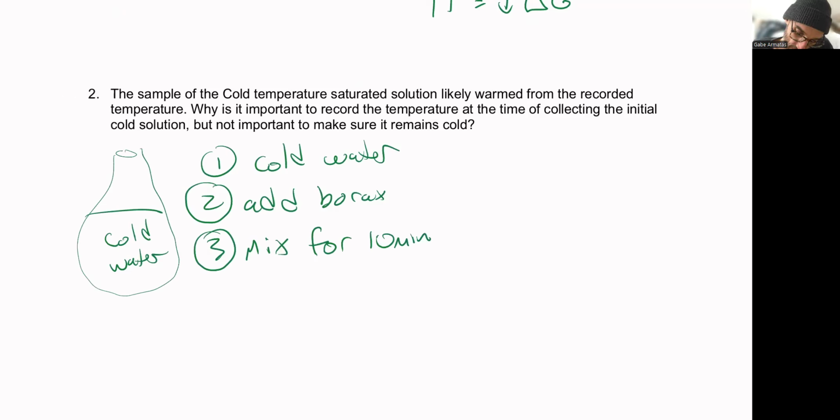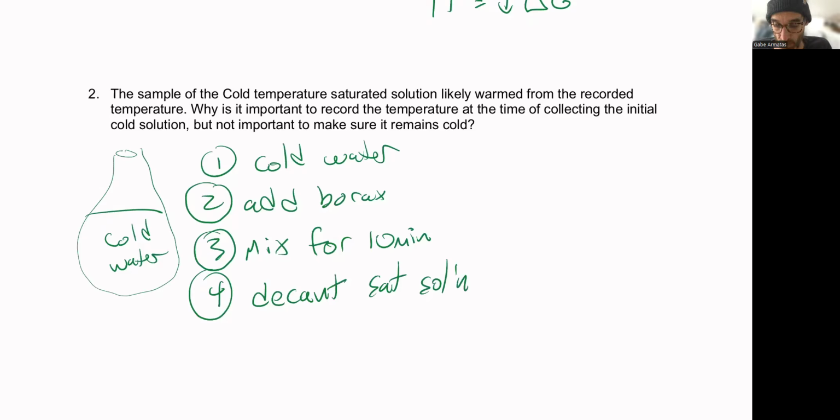10 minutes. And then step four is you're going to decant the saturated solution. So you have removed all of the solid. So that's important. At this point, there is no more borax to dissolve. So when you get to the stage of, once you have run your titration, the temperature has warmed up, ultimately you don't have any more borax to dissolve.